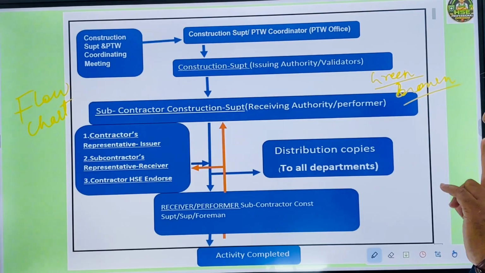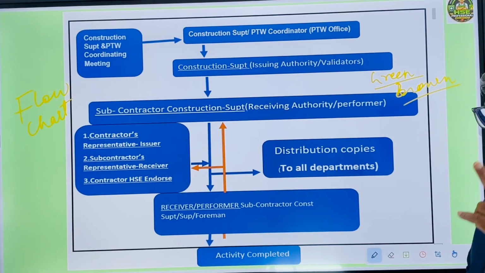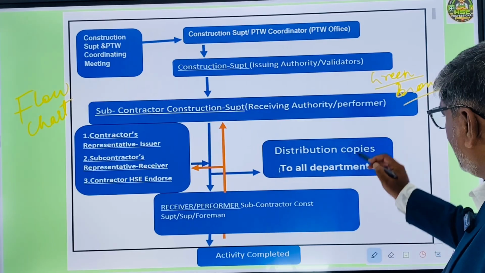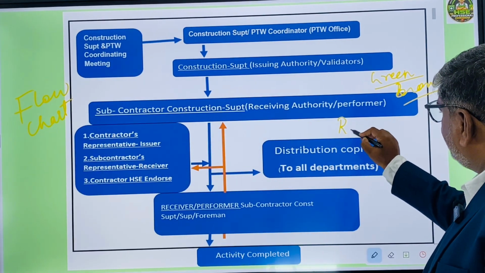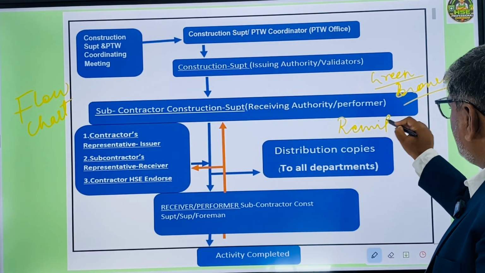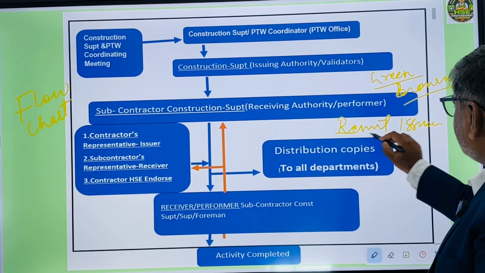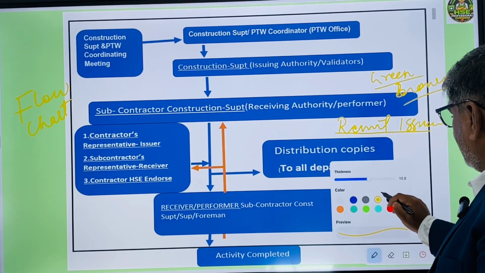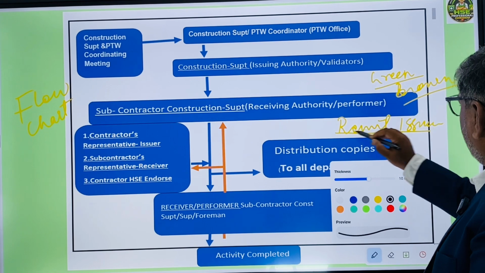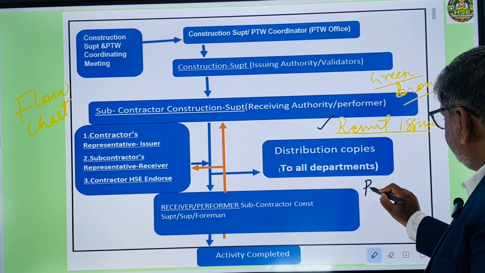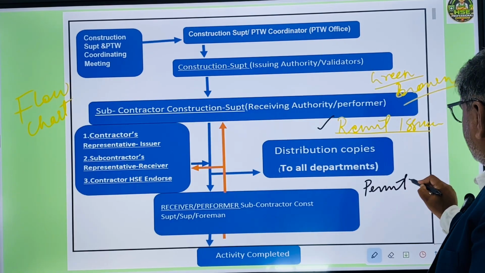For taking the permits, there are two important entities. One is called the permit issuer, or we can say issuing authority. Second, the permit receiver.